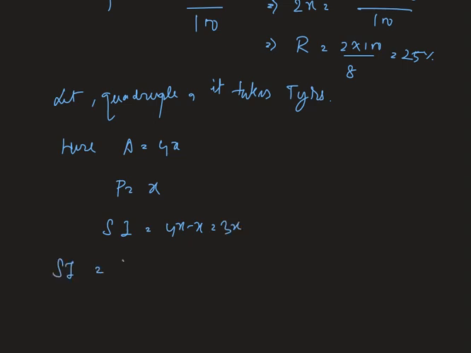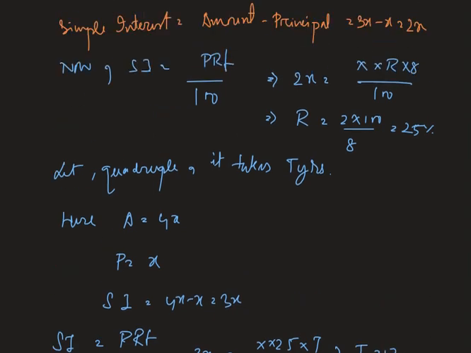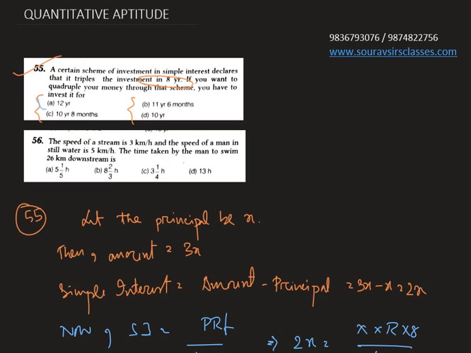Now SI is equal to PRT divided by 100, hence we can say that 3x is equal to x into 25 into t divided by 100, therefore t is equal to 12 years. So the right answer is option A.